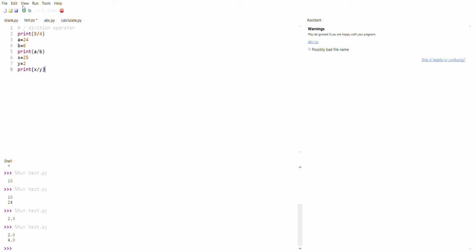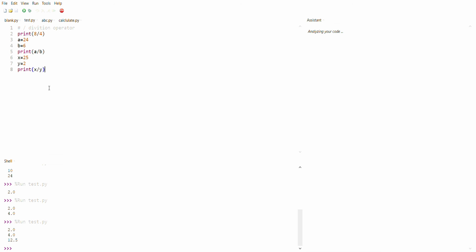So let's print it. Here we can see that the answer we got is 25 divided by 2 equals 12.5.